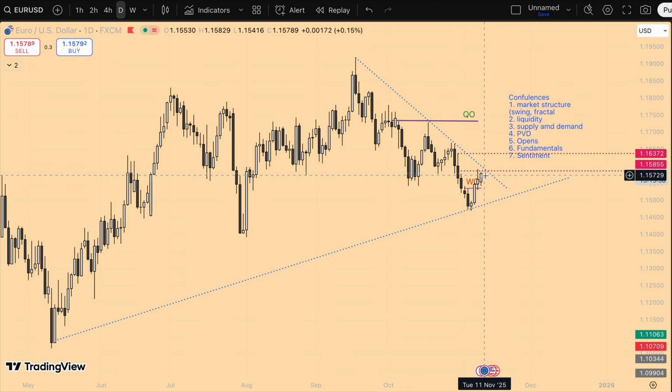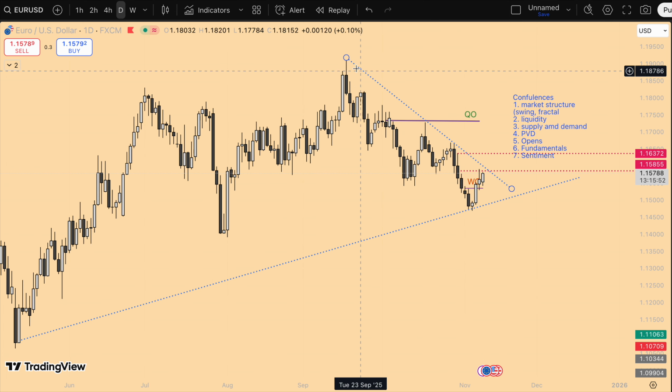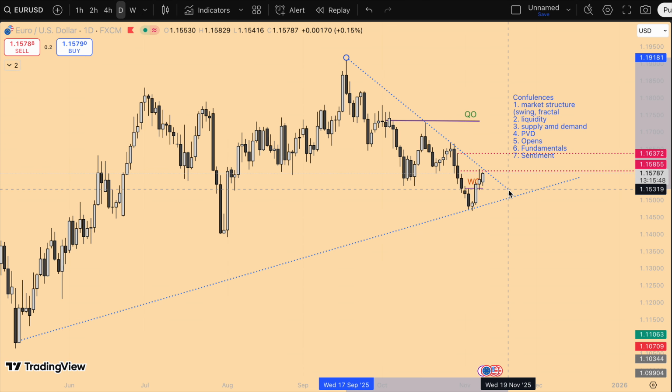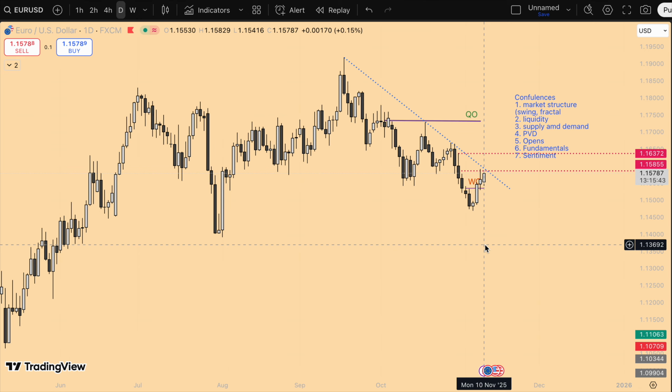so you can use that to your advantage. For example, we have one, we have two, and then we have three. So if I'm a trend line trader, I'm looking to short from here. And then for you, what you want to do is, you know there will be traps.